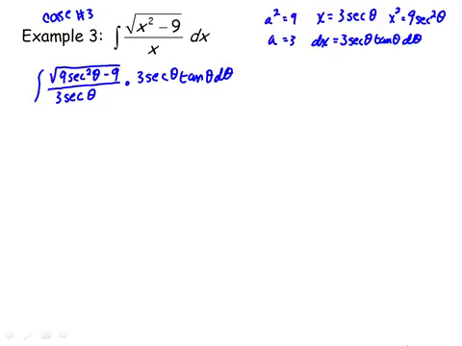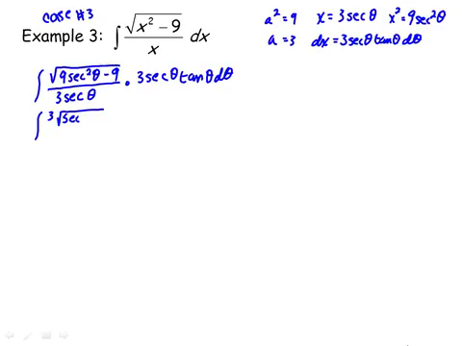Alright, so do you see what we're going to do on the top? You tell me, what are we going to do on the top? Nobody knows? That's bad. Yeah, we're going to factor out a 9 and actually take the square root of it, so it's going to turn into what? 3 square root.